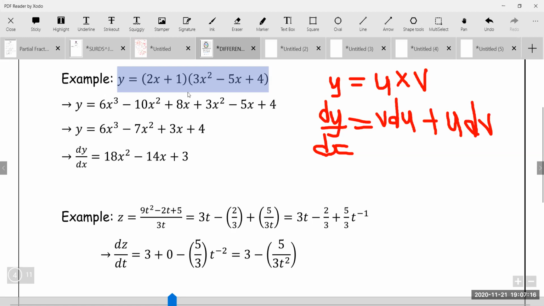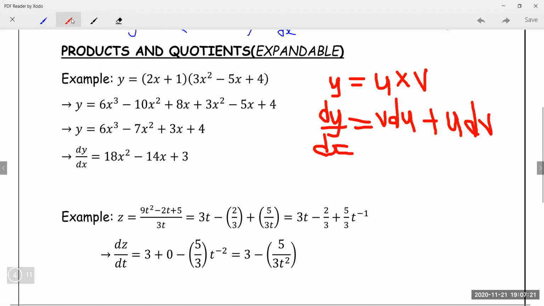Yes, sir. Now, what about a case where you're asked to differentiate, let's say, 2x plus 1 to the 4 times 3x squared minus 5x plus 4 to the 7th. When something is raised to the 4th power, that's hard to expand, isn't it? And when something is raised to the 7th, that's even worse.